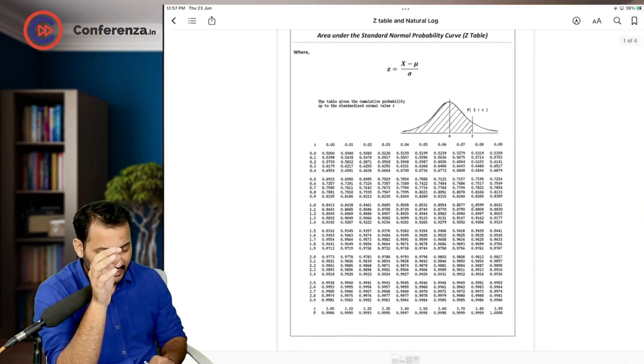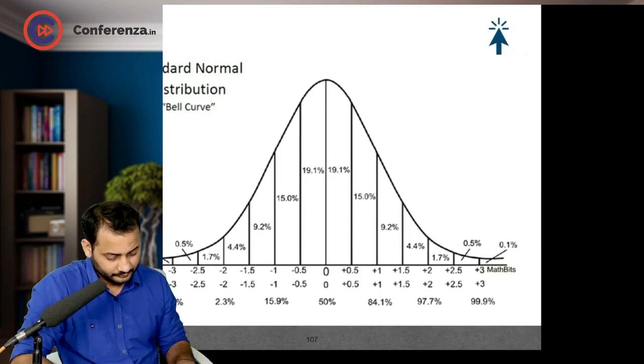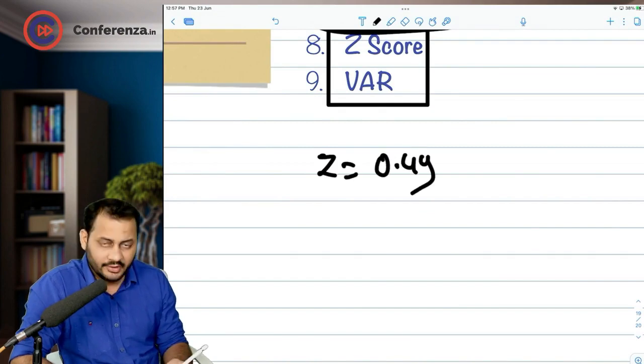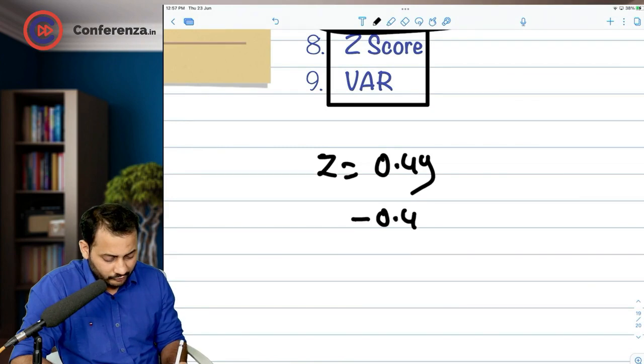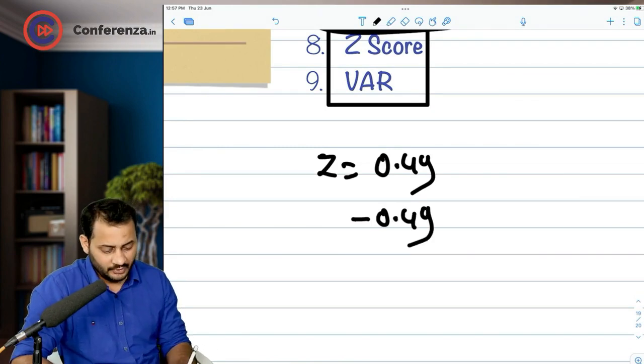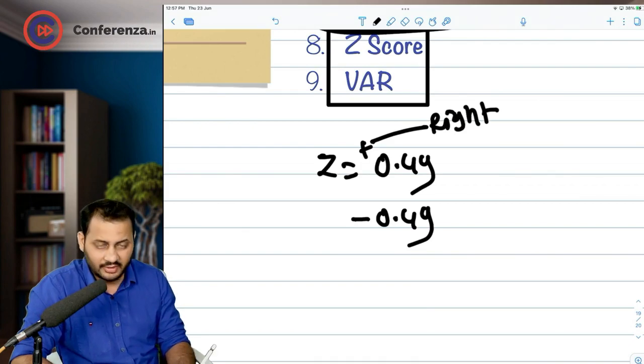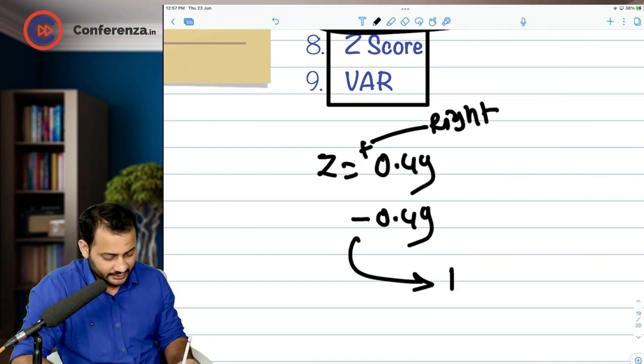That means one thing is very clear: if you are calculating the value for 0.49, it can also be applied for minus 0.49. Positive sign indicates the right side area, negative sign indicates the left side area.